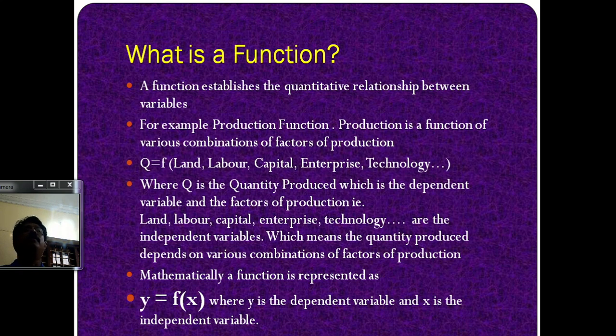So very simple, what is a function? A function is a quantitative relationship between two variables, where one variable is called the dependent variable and the other is called the independent variable. Mathematically, we express a function as y = a + bx.